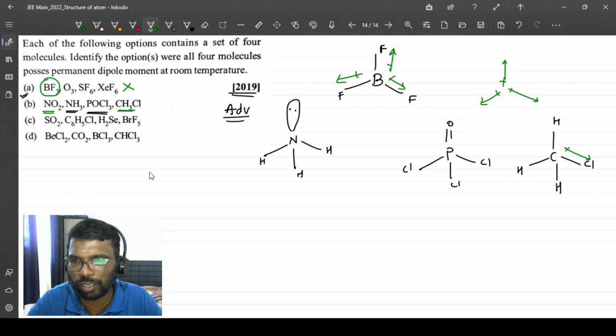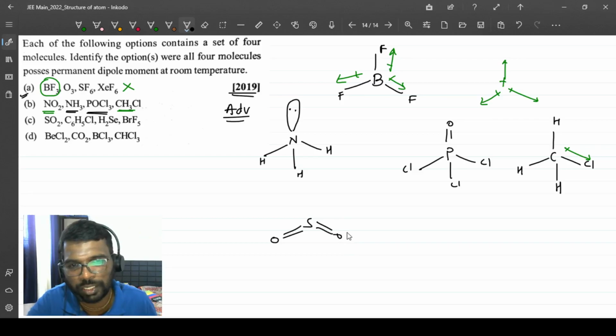Then sulfur dioxide. If you talk about sulfur dioxide, how will the structure be? Sulfur dioxide structure is this way, bent structure. Because sulfur belongs to group 16, the oxygen family, and it will have six valence electrons, out of which four will be used for bonding, and this is the lone pair.